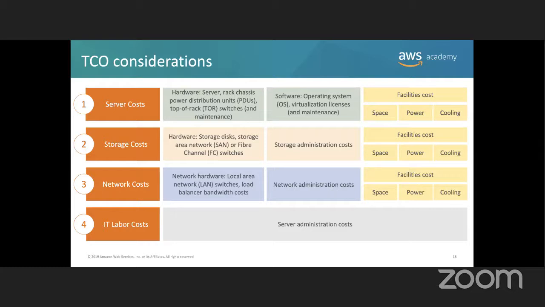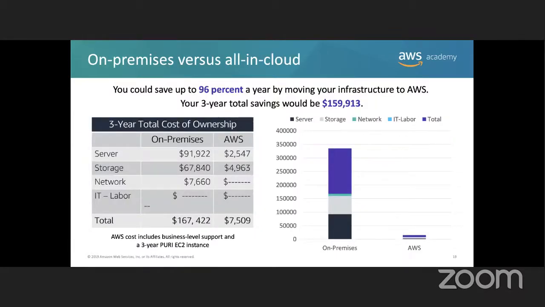Now let's see some differences between what you see on premises and what you see all in the cloud. Look at that. Look at the savings. Beautiful. See, you could say up to 96% a year by moving your infrastructure to AWS.